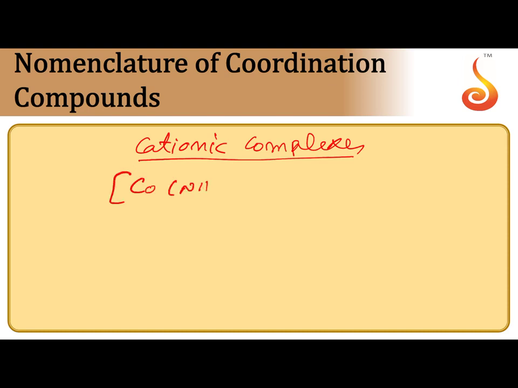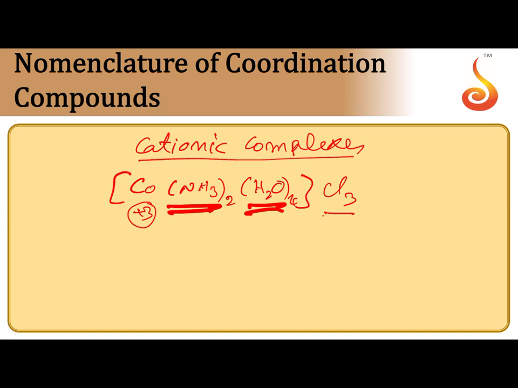Example, [Co(NH3)2(H2O)4]Cl3. Here there are two types of ligands, amine and aqua, and the oxidation number of cobalt is +3. The 3 chloride ions which are present outside of the coordination entity are counter anions. The charge present on the coordination entity is positive, that's why it is called a cationic complex.